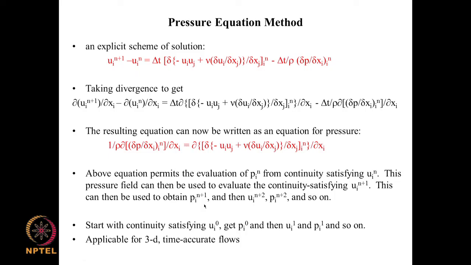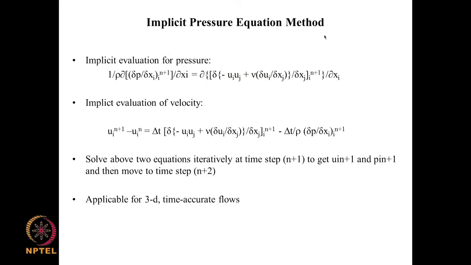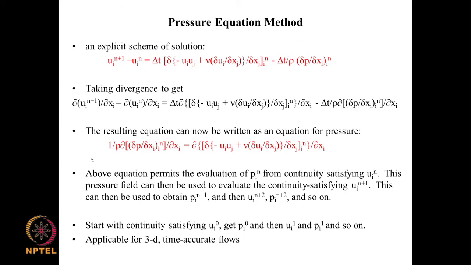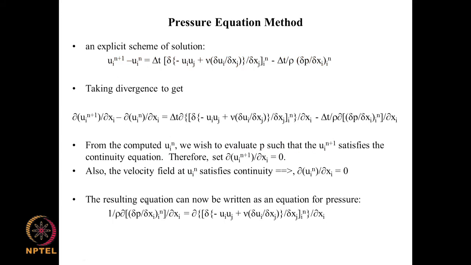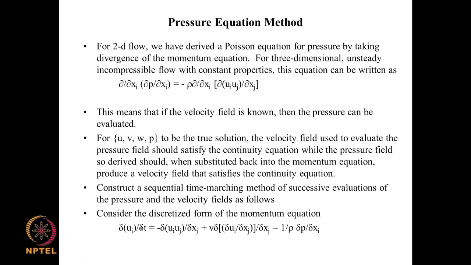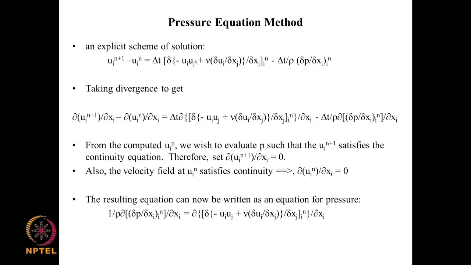We can also construct an implicit pressure equation by a very similar concept. We got this equation for pressure by writing this in explicit form here. But if you make the velocity field implicit here, then this is the equation, and we made an explicit scheme like this.